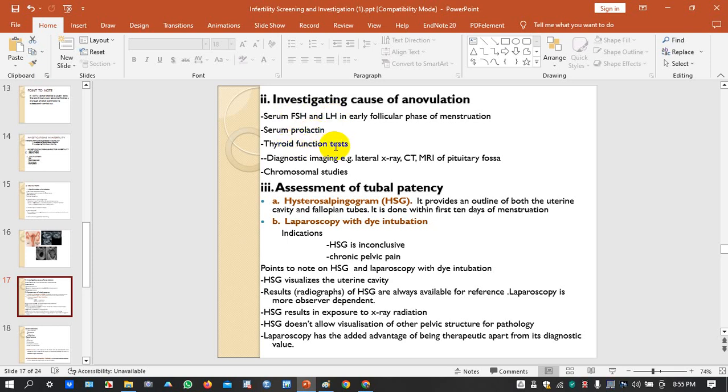Thyroid function test is also very important. Why? Because when the T4, which is called thyroxine, is low, it will increase the amount of prolactin your pituitary gland makes, and this can be as a result of thyroid surgery, Hashimoto's thyroiditis, radiation therapy, or medications such as lithium.